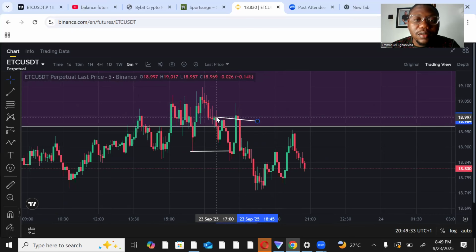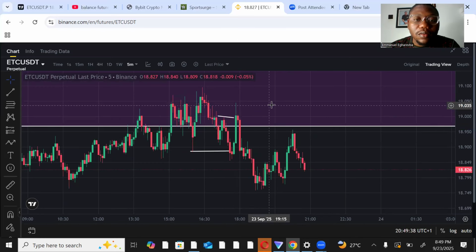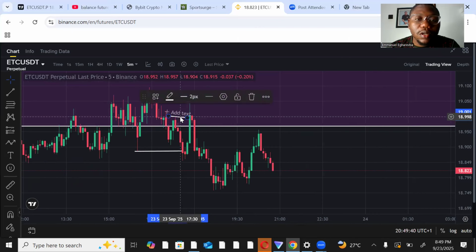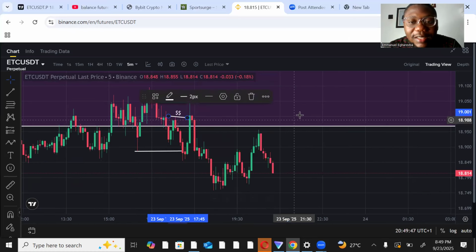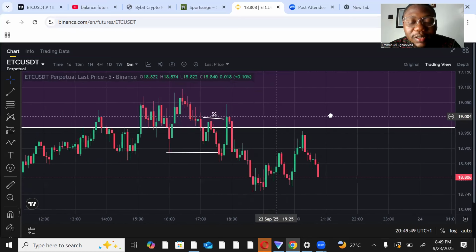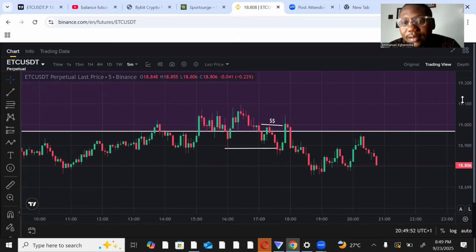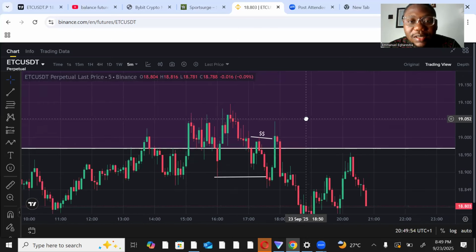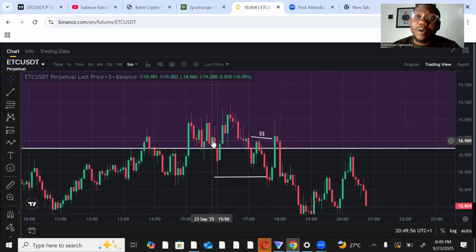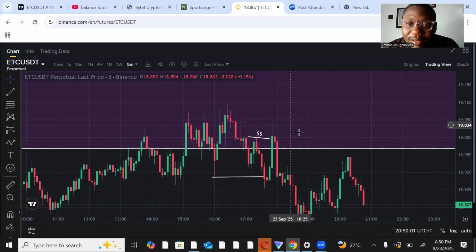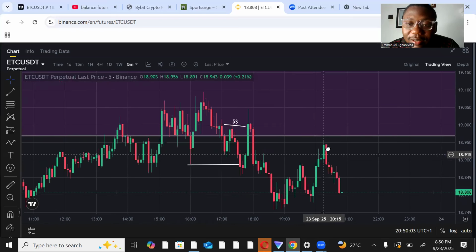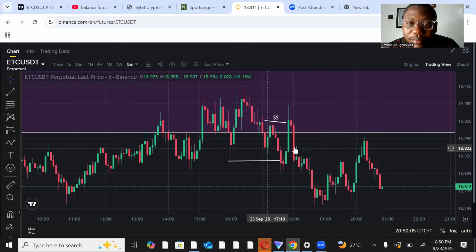Can you see this? So we'll call this our inducement. An inducement is basically an area on your chart that deceives traders into going into a trade too early. So you can see how price just did this inside our POI, inside the fair value gap in the 4-hour time frame. This schematic, it brought it out for us.